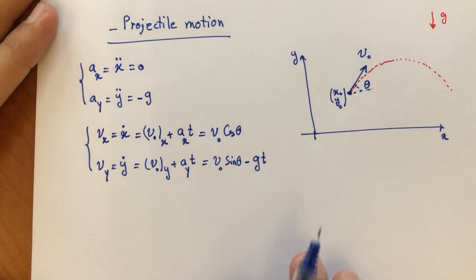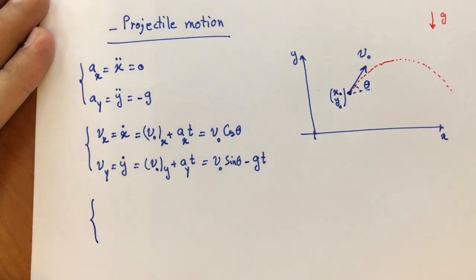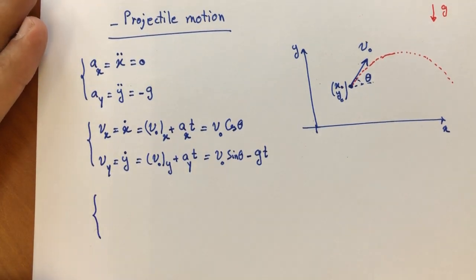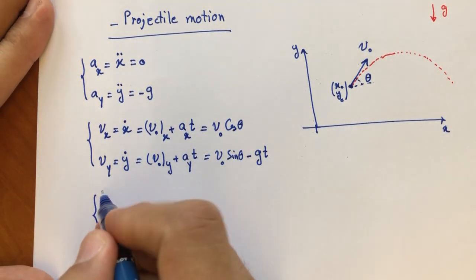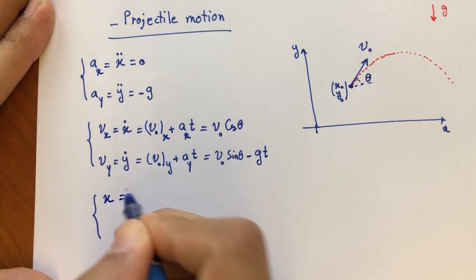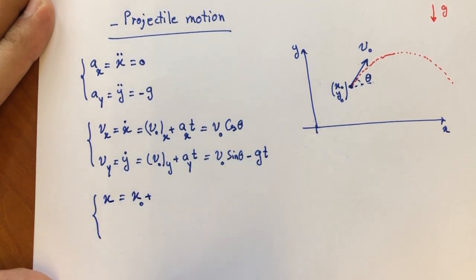Okay, and you can do the same thing for displacement. Again, because accelerations are constant in both directions, I'm allowed to use those algebraic equations for displacement. So position is going to be equal to initial position plus initial velocity times t in the x direction.